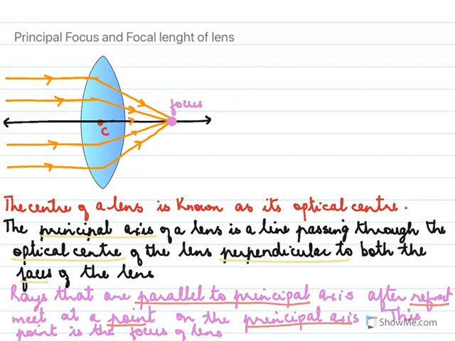Now for the focal length, it will be the distance between the optical center. Here is the optical center. This distance between the optical center and the focus is called the focal length.